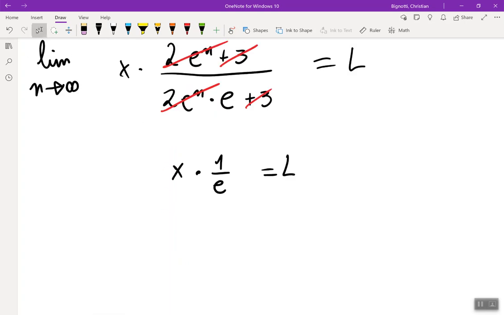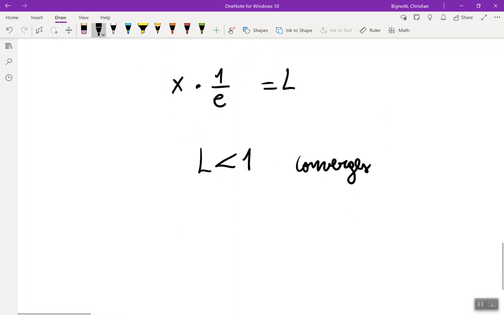They're asking for the radius of convergence here. They're asking where this series converges. We have to remember that if L is under 1, it converges. So for what values of x will this converge?